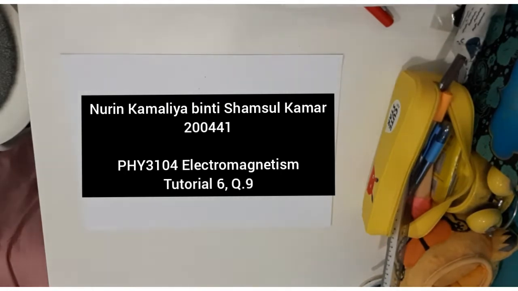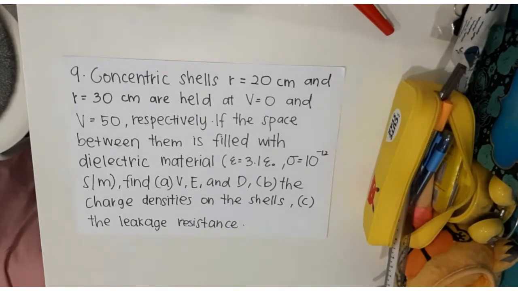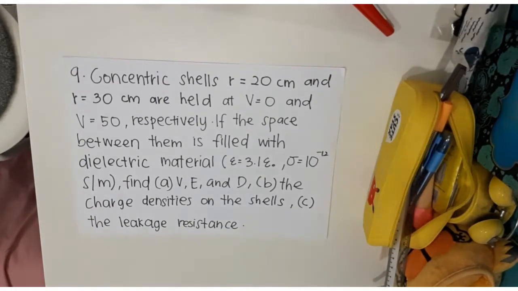PHY3104 Electromagnetism. In this video, we're going to solve a question from tutorial 6. Question number 9 says: concentric shells R equal to 20 cm and R equal to 30 cm are held at V equal to 0 and V equal to 50, respectively.